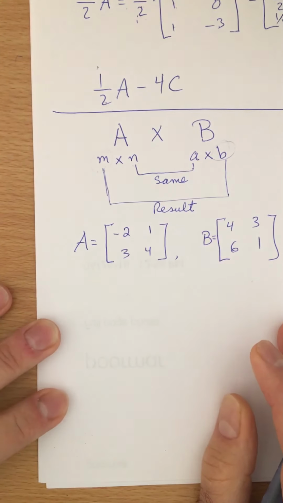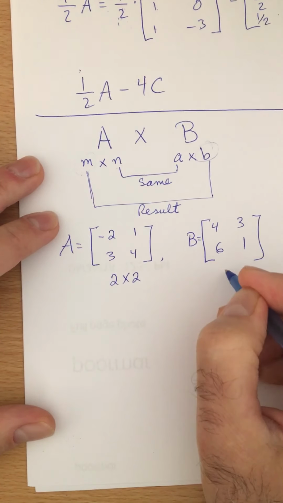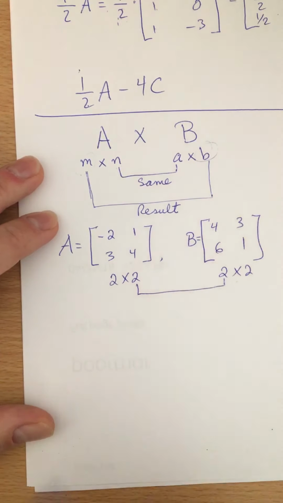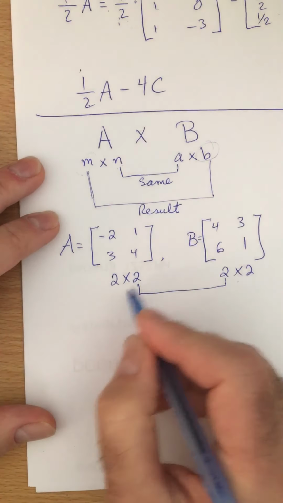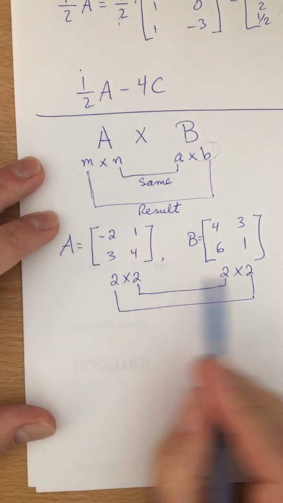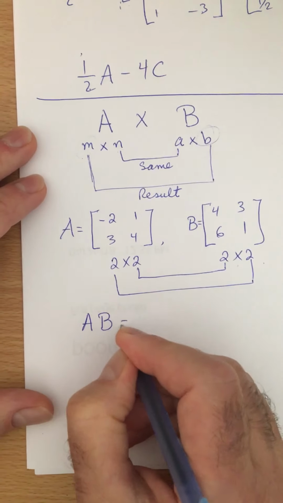What's the dimension of matrix A? That's a 2 by 2. What's the dimension of matrix B? That's also a 2 by 2. Are these inner numbers the same? Yes. So I can multiply these two matrices, and the resulting matrix will also be a 2 by 2. So how do I multiply? A times B. That's how I show it.